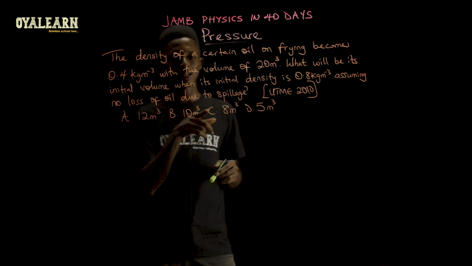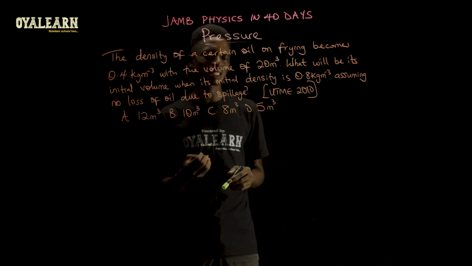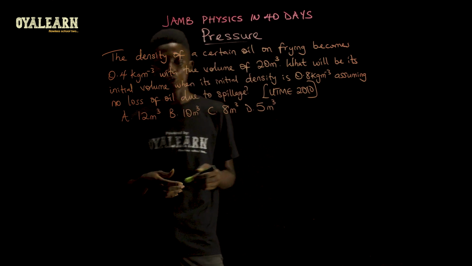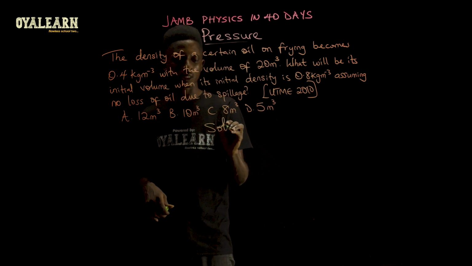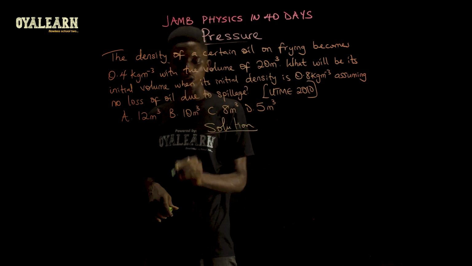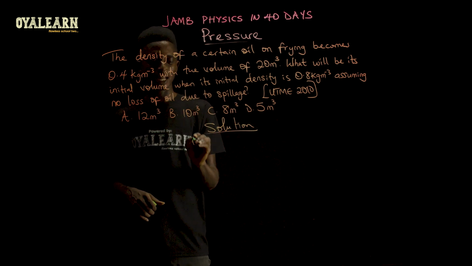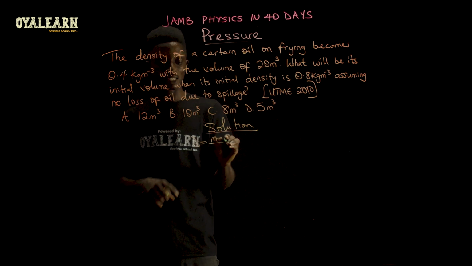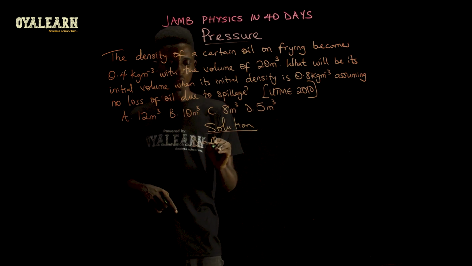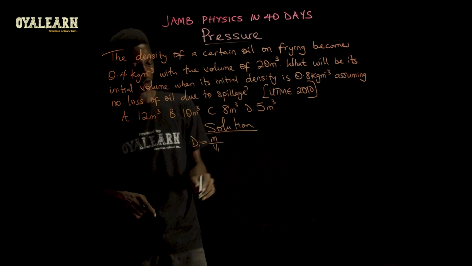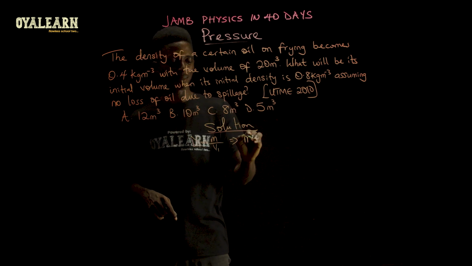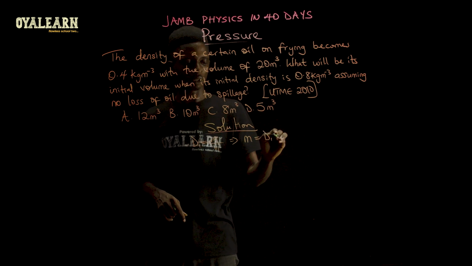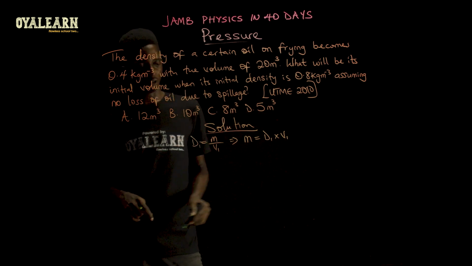Now, this final statement lets us know that the mass of the oil remains constant from start to finish. So to solve this, we're going to apply that density equals mass over volume. So let's say initial density equals mass over initial volume. So from here, we can say that the mass is therefore initial density multiplied by initial volume.